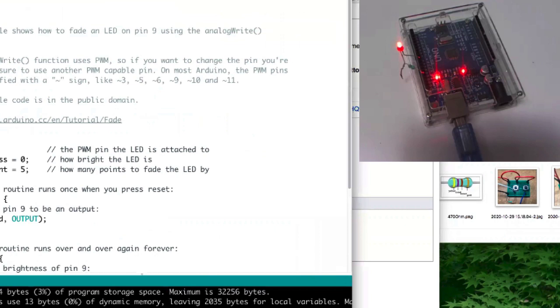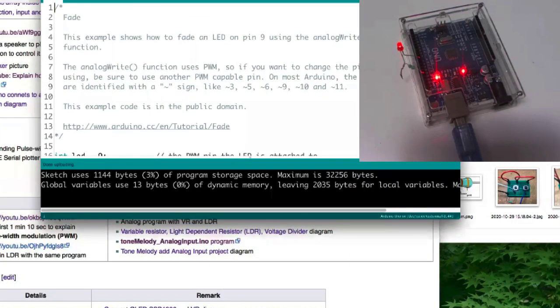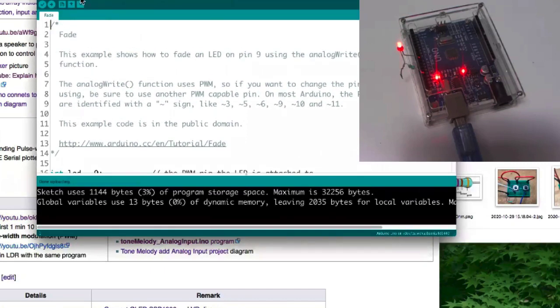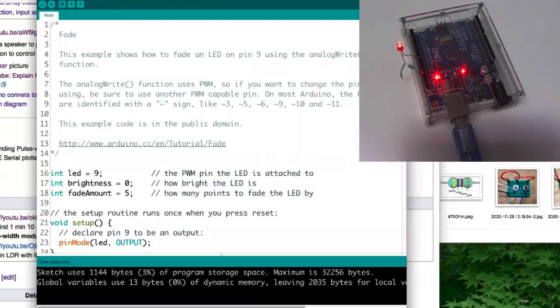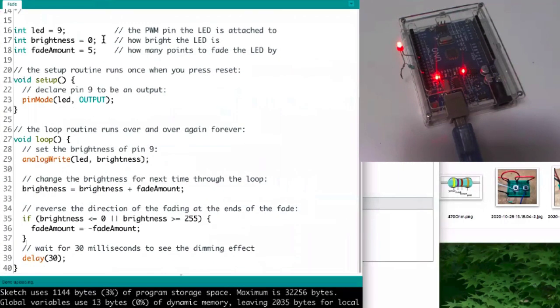Remember at the beginning, we told everybody a digital circuit is 1 or 0. And when we write to the LED, we usually say digital write, high or low.